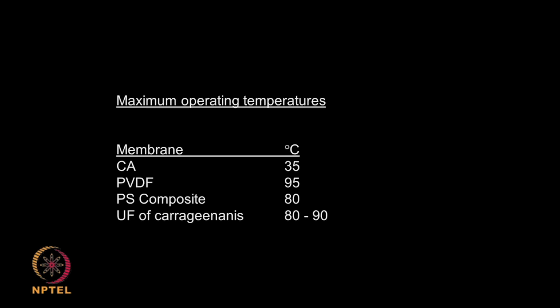Okay. Now, maximum operating temperature, as you can see, cellulose acetate we have 35 degrees, PVDF 95 degrees, polystyrene composites 80, and this is about 80 to 90 degree centigrade. So, we can reach almost 100 degree centigrade with synthetic polymers as membrane material.